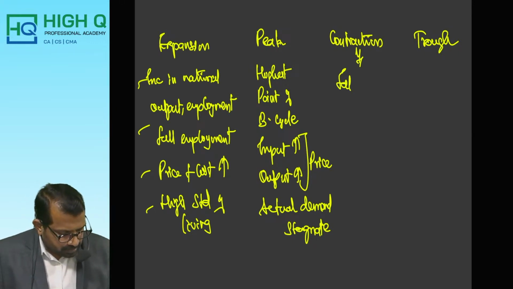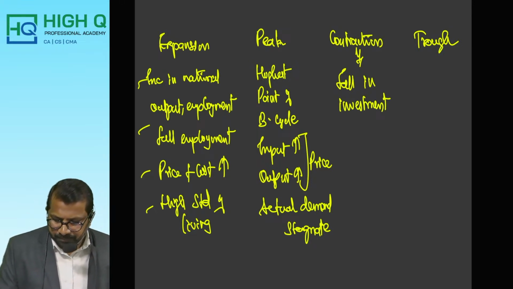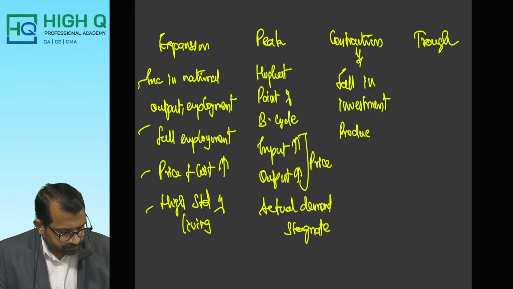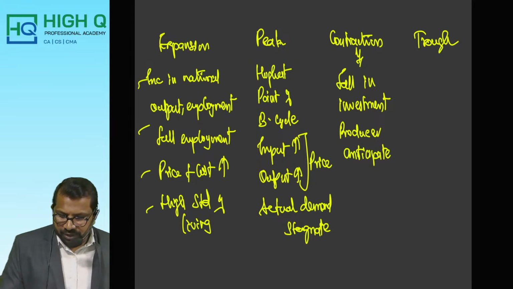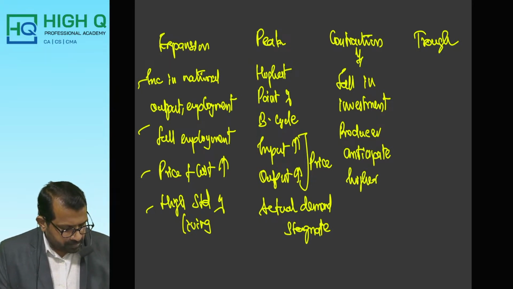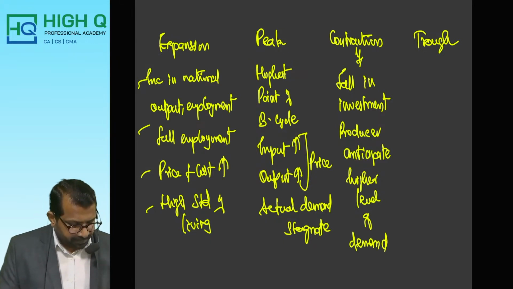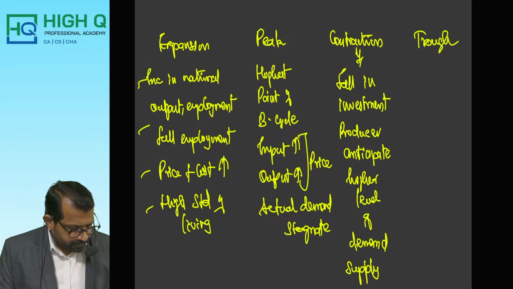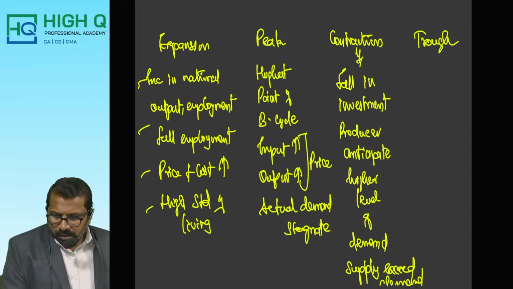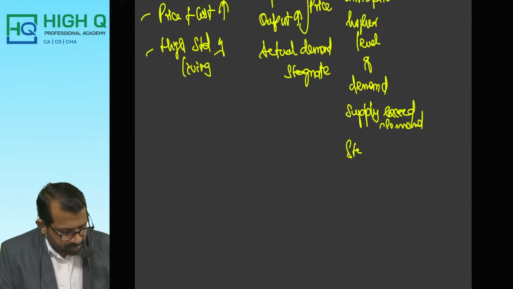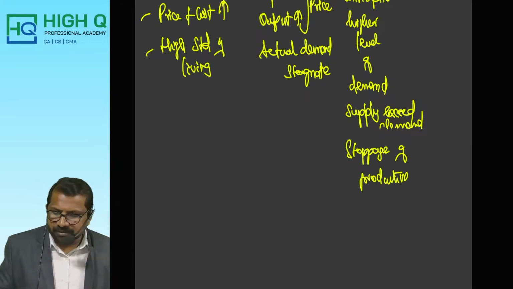Contraction: fall in investment, producers anticipate a higher level of demand, and there is stoppage of production.